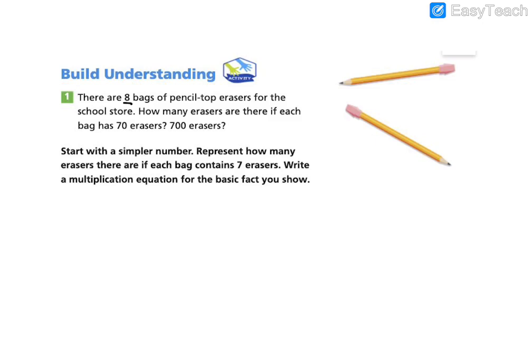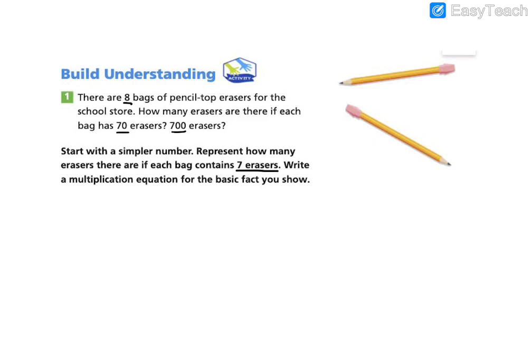Okay, 8 is already a one-digit number, so we're going to take 70 and 700 and find a simpler number there. So for the purpose of this problem, we're going to represent how many erasers there are if each bag contains 7 erasers.